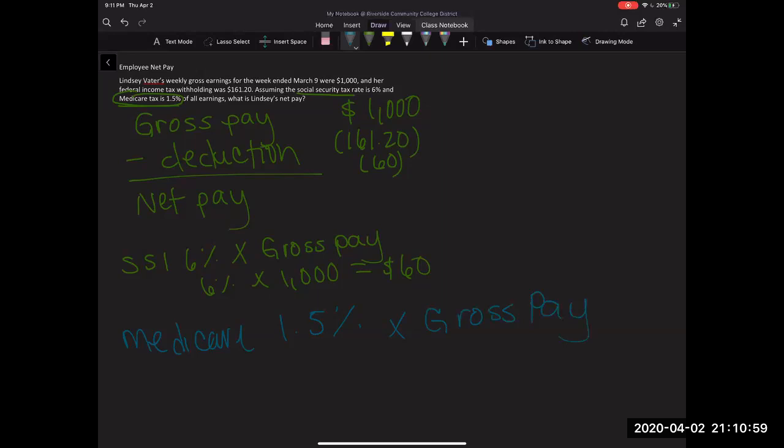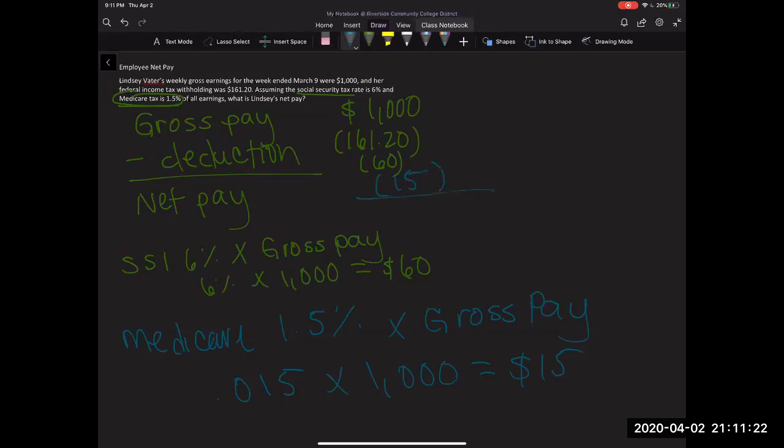So we're going to do 0.015, that's 1.5%, times our gross pay of $1,000, and that should come out to $15. So we're going to subtract out $15.